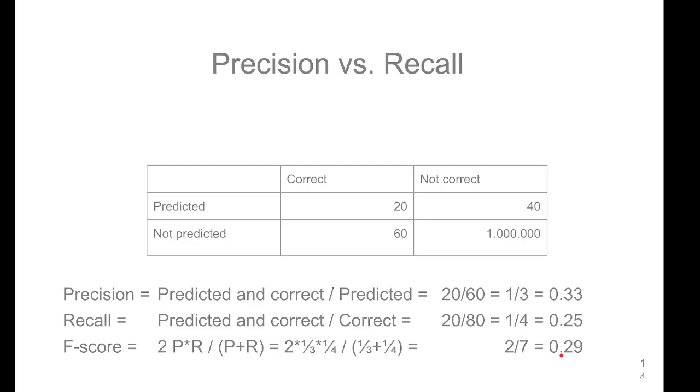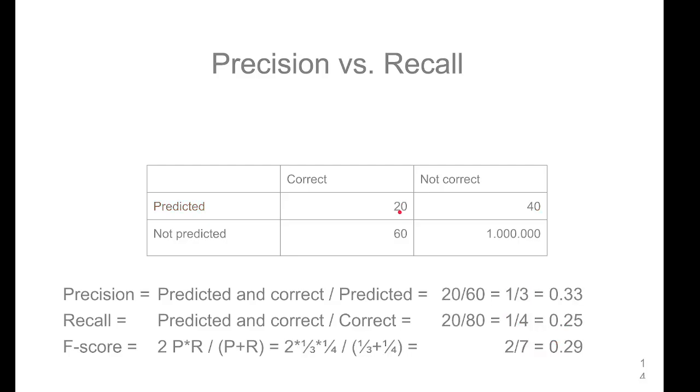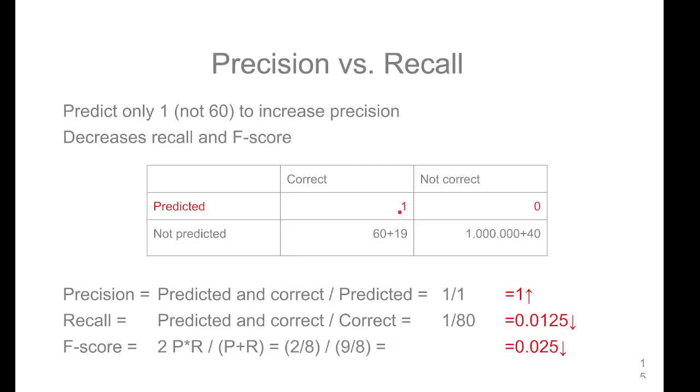Now let's say somebody wanted to manipulate these results, and they would just care that they get the precision very high. So what do they do to make the precision very high? Instead of predicting the 60 items as before, they make this much more rigorous and predict only the one item that they're really sure about.